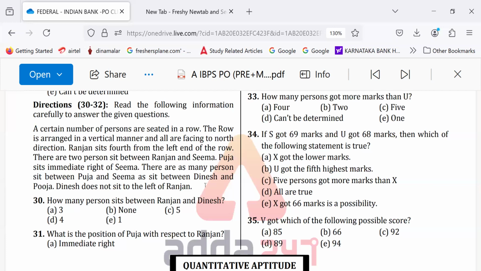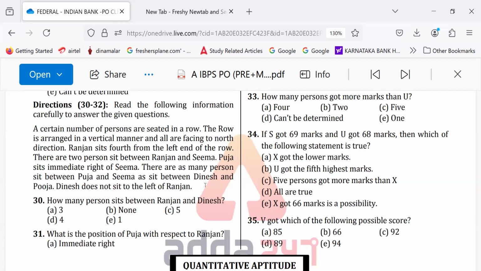We don't know, because that's what the question says. So fourth is the only definite one. We can mark Ranjan. Then there are 2 persons sitting between Ranjan and Seema. So we can put Seema on the right side or on the left side also. We can have 2 drawings.